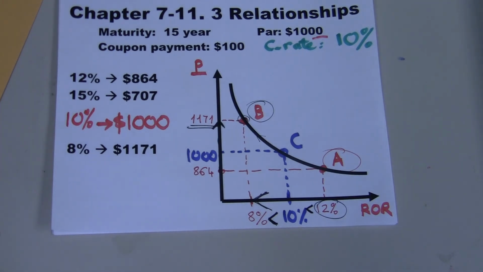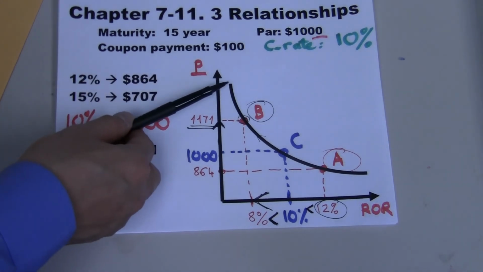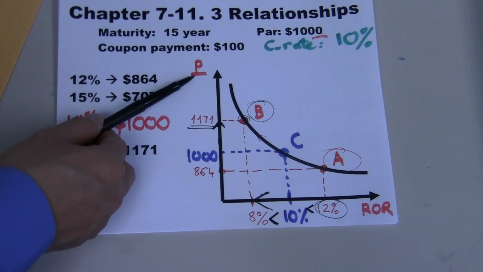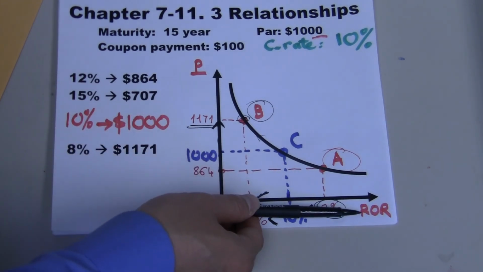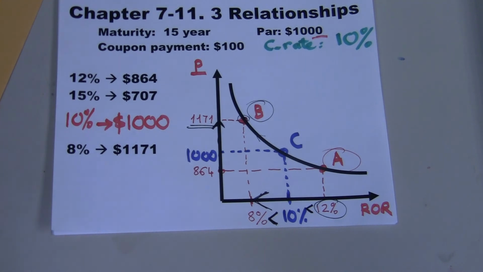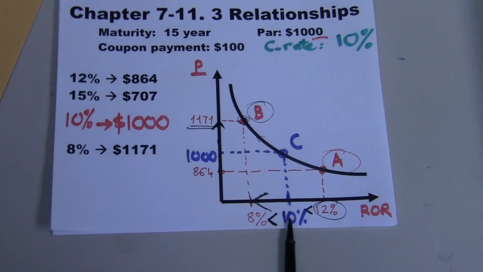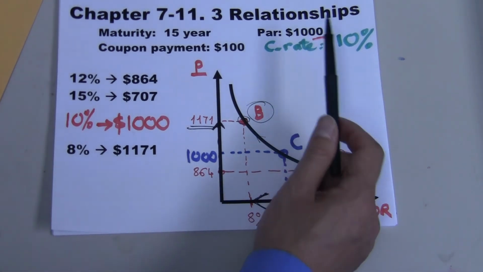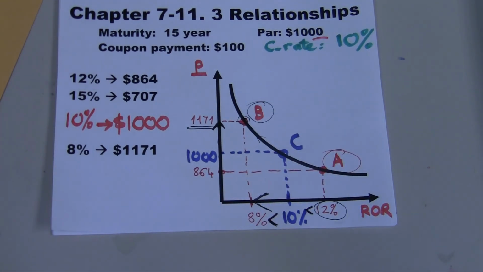Again, one is there is an inverse relation between price of the bond and the required rate of return. Second, if the required rate of return is equal to the coupon rate, which is 10%, price of the bond is equal to face value.